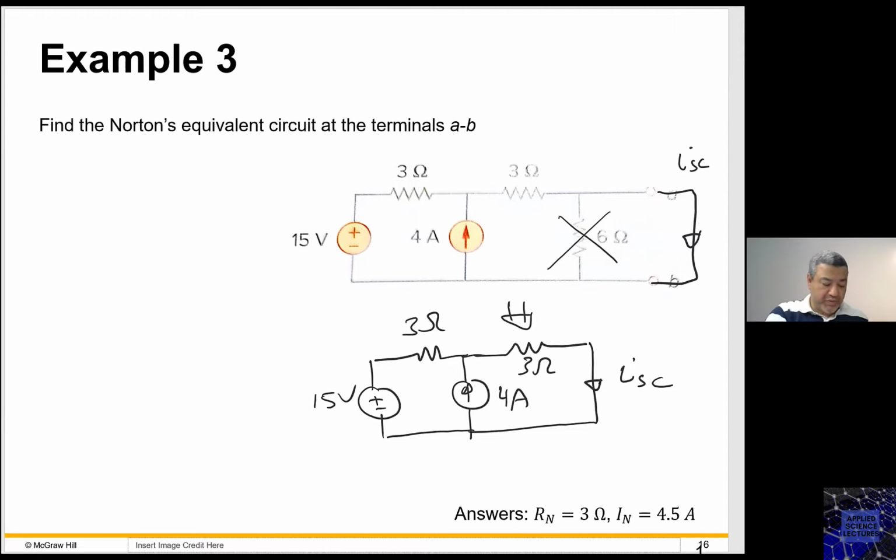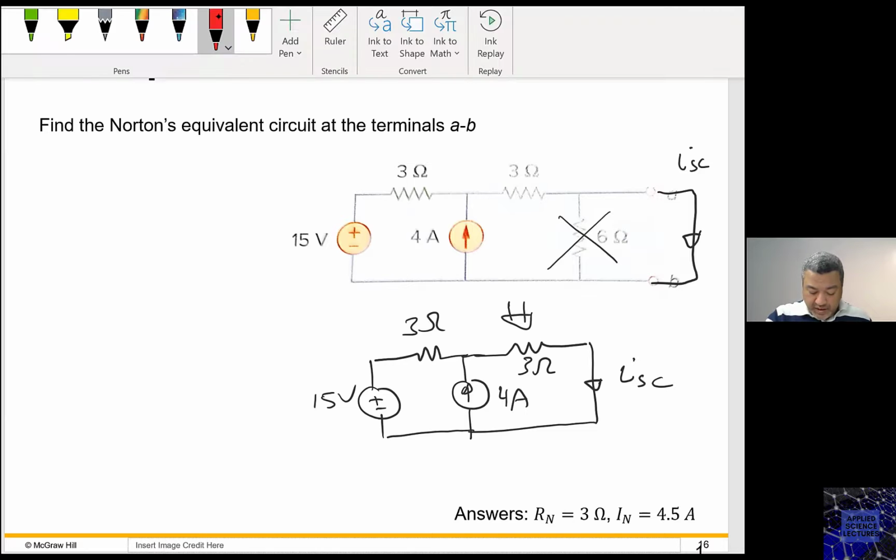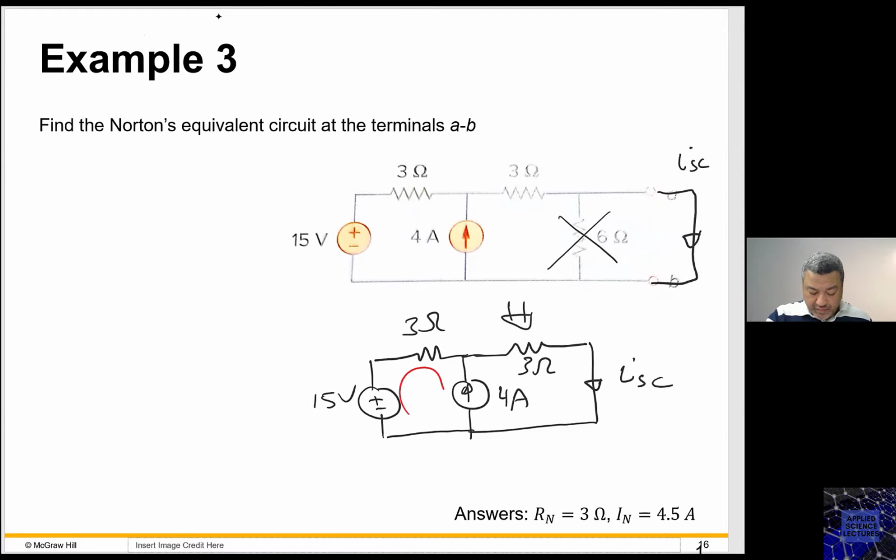But let's do it with the supermesh, just for the fun of it. So I have here I1, I have here I2. Now notice that I2 is I short circuit now, right? So right, just here on the side, you know that I short circuit is indeed I2. So I need to find I2.